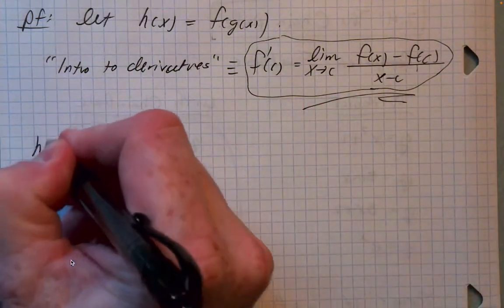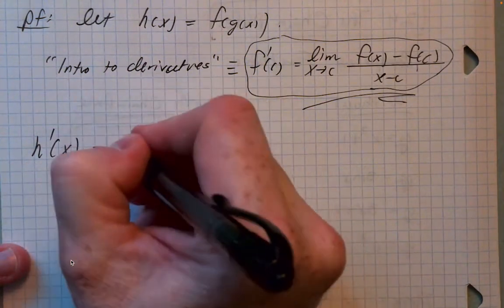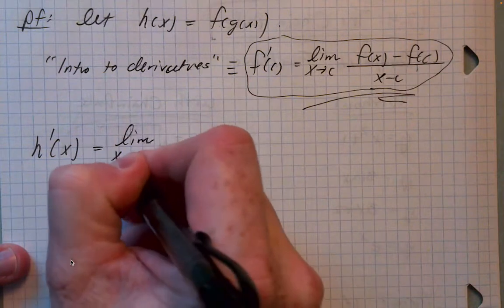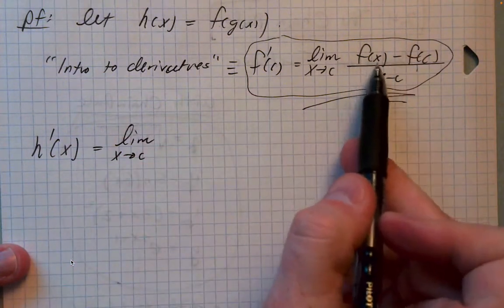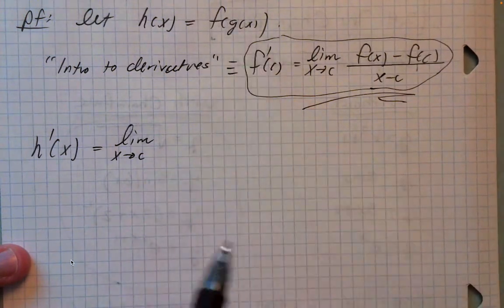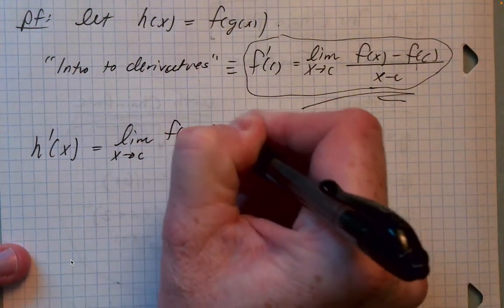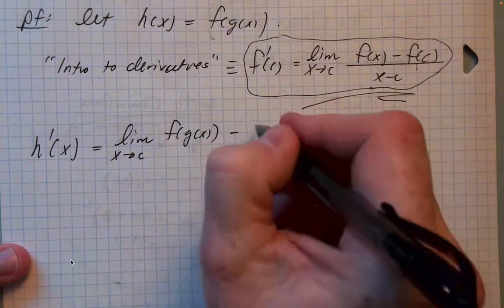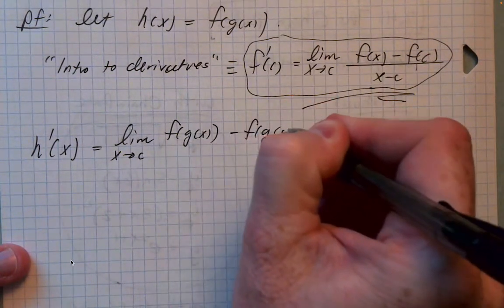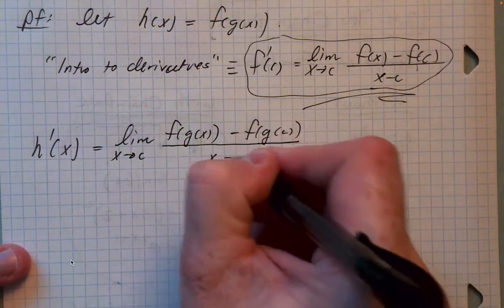So h prime of x is equal to the limit as x approaches c. Now f of x here, well, we're really talking about h of x, which is f of g of x. So I'm going to write f of g of x minus f of g of c, divided by x minus c.